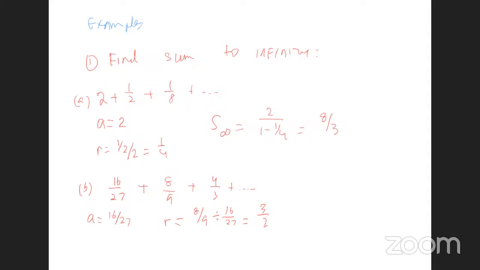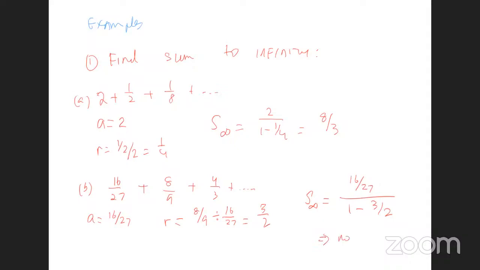All right, 27 over 18 is 3 on 2. So the sum to infinity is equal to A over 1 minus 3 on 2, which is how much? Which is a problem.